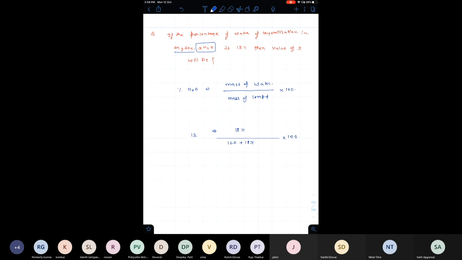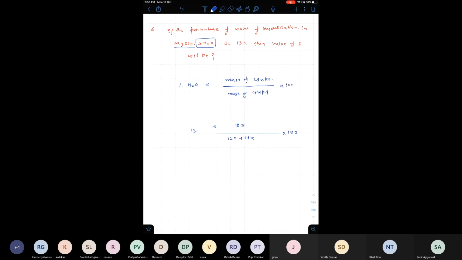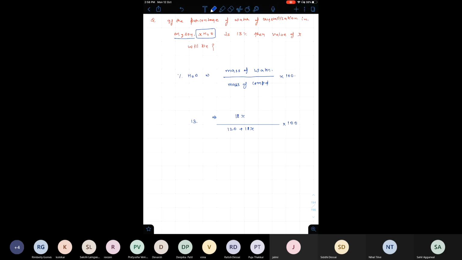Any doubt in this? So 13 by 100 is equal to 18x divided by 120 plus 18x.